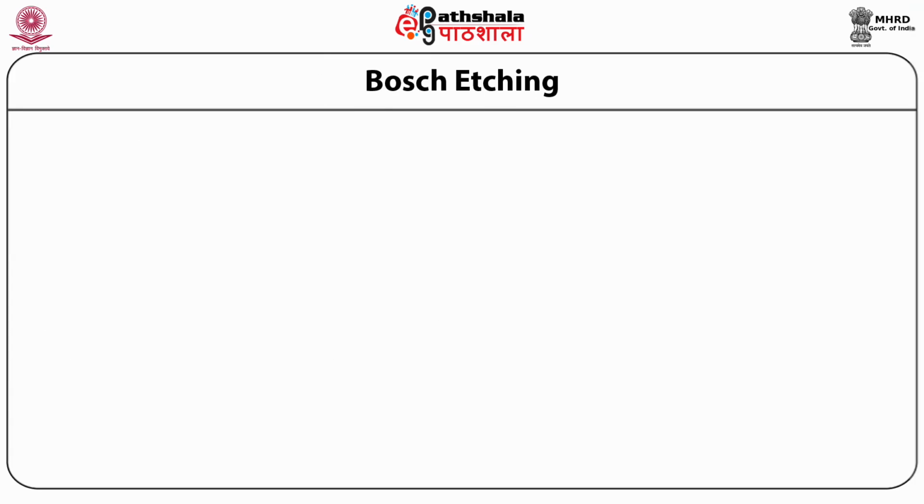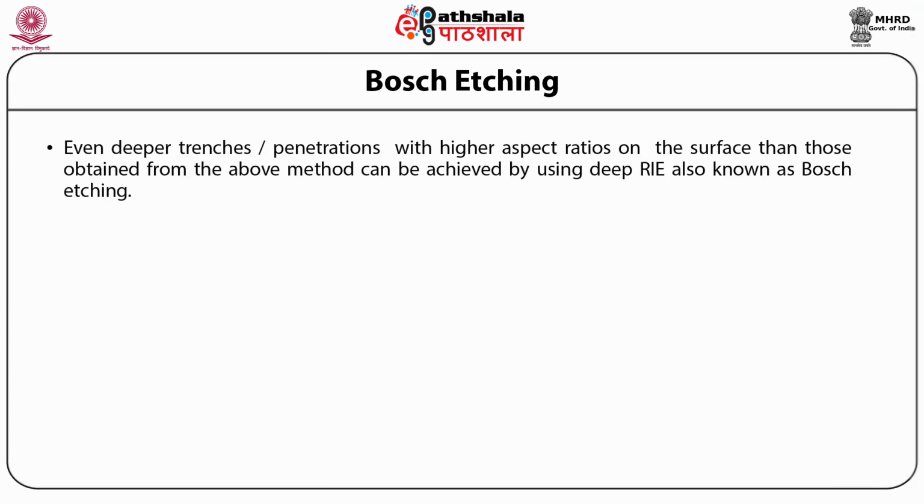Bosch technique. Even deeper trenches and penetrations with higher aspect ratio on the surface than those obtained from the above method can be achieved by using deep reactive ion etching, also known as Bosch etching.